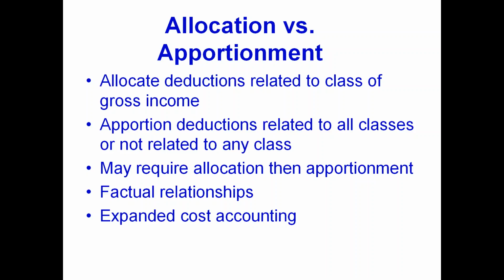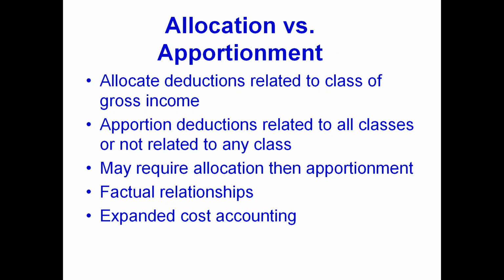We have to allocate deductions to the class or set of gross income or the items of gross income to which that deduction directly relates. Then we have to apportion deductions that don't relate to particular sets of income.